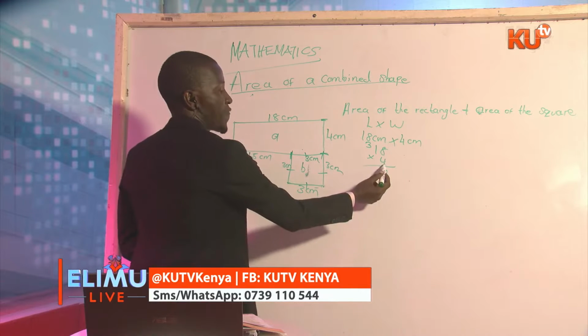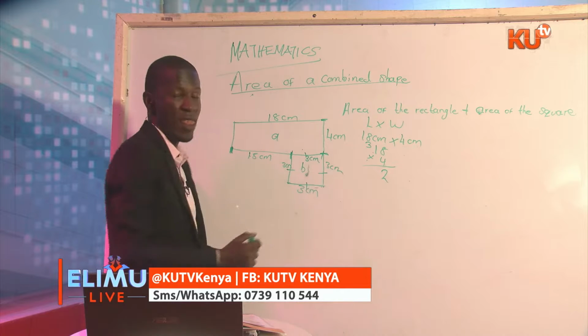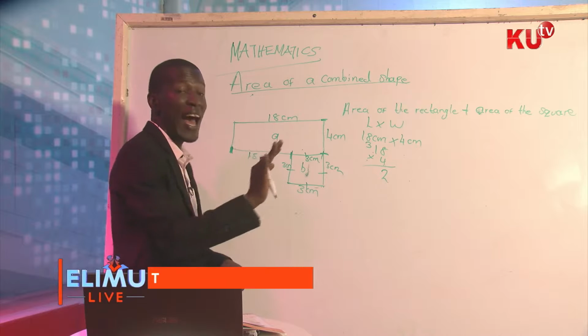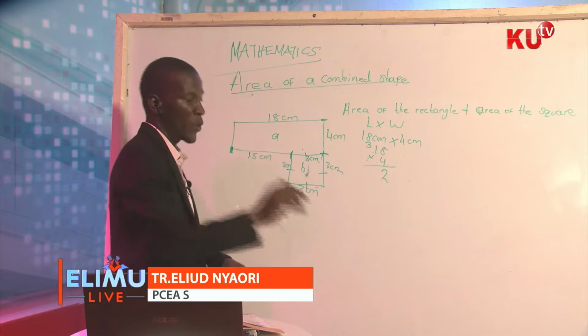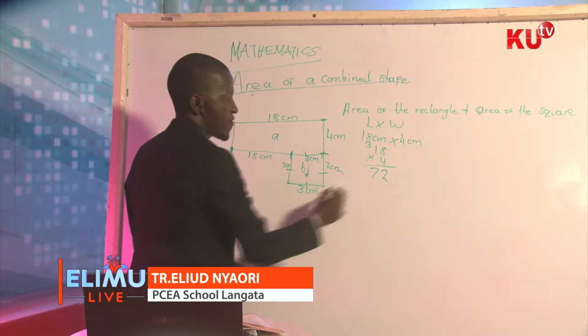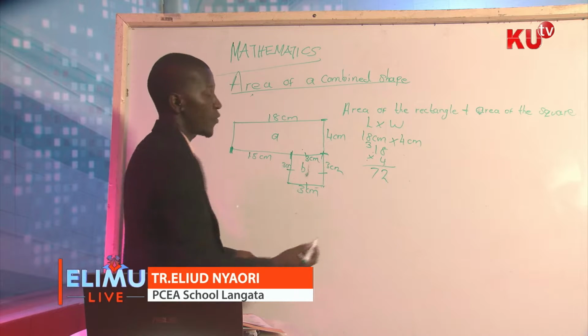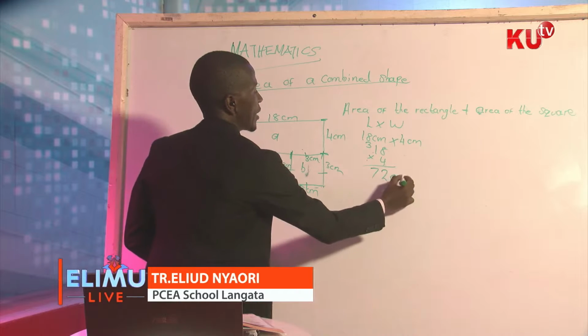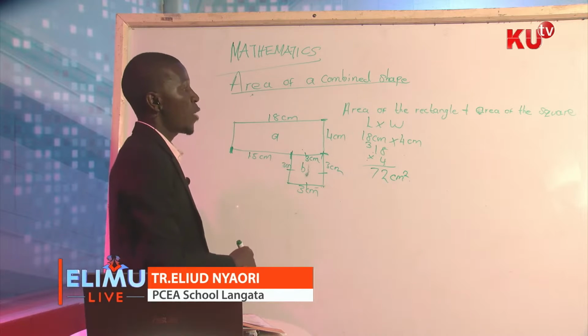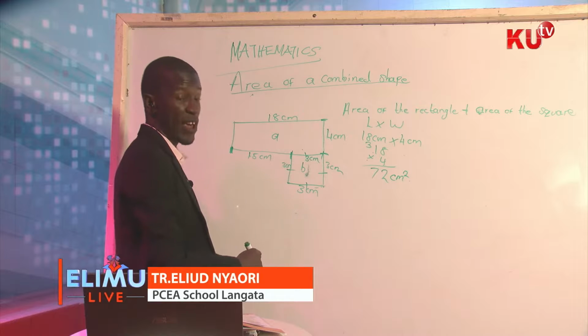Then I multiply 4 times 1. 4 times 1 is equal to 4. Then I'll add 3, which I had carried. So 4 plus 3 is 7. So 18 times 4 is 72 centimeters squared.